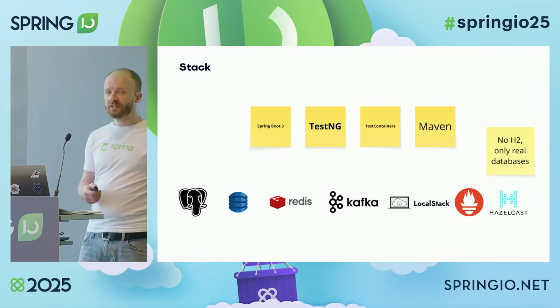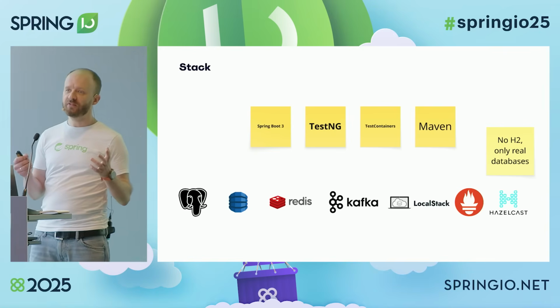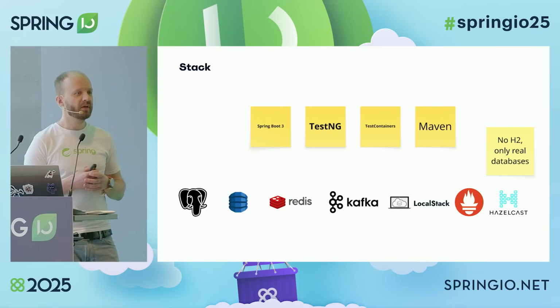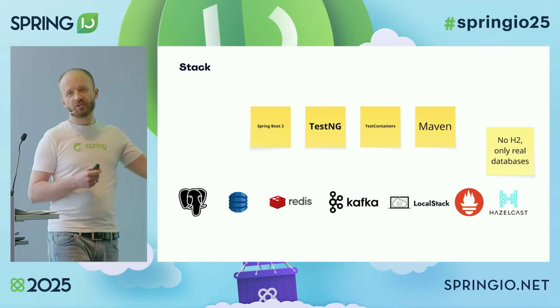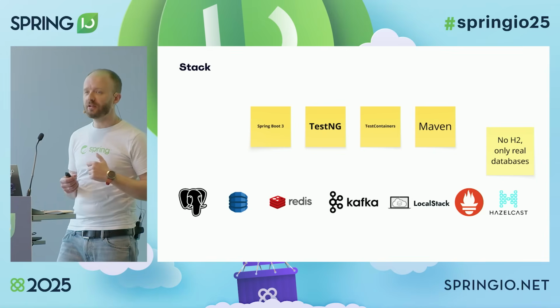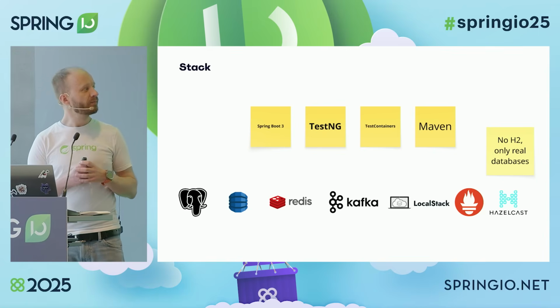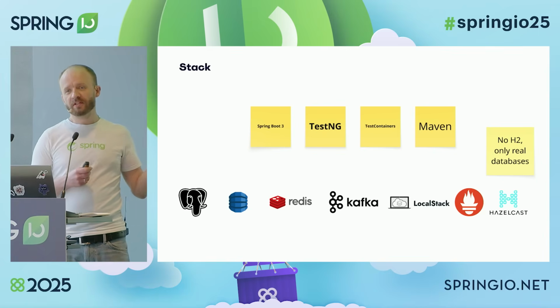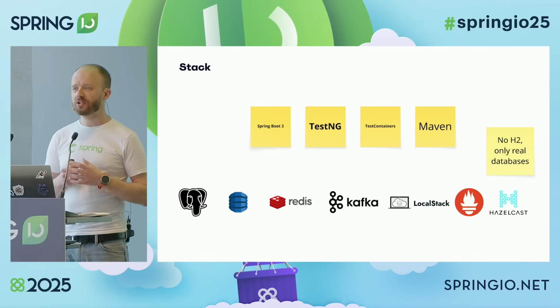Our technical stack is pretty classic. The main framework is Spring Boot 3. We really love Spring Boot 3. We use JUnit 5 or TestNG, Maven or Gradle, depending on the project. Also, we use Testcontainers for our integration tests.